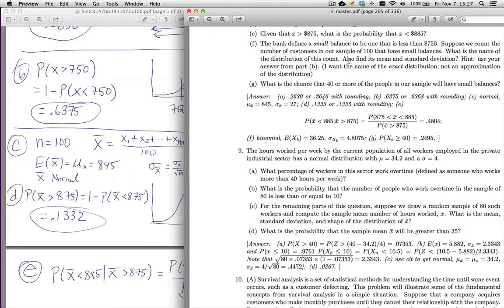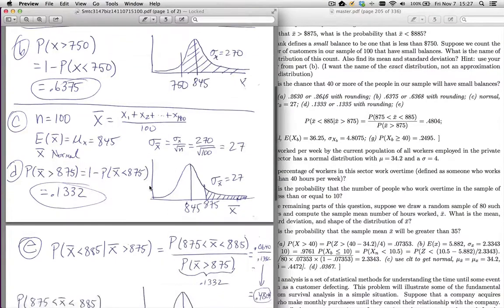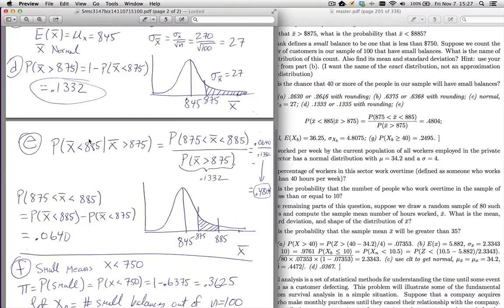Next part. Now the next part's a little bit tricky. Given that x bar is bigger than 875, what's the probability that it's less than 885? Well, we have to remember some things about conditional probabilities. So whenever you have a conditional probability, it's really the probability that both of these things happen, this and this.